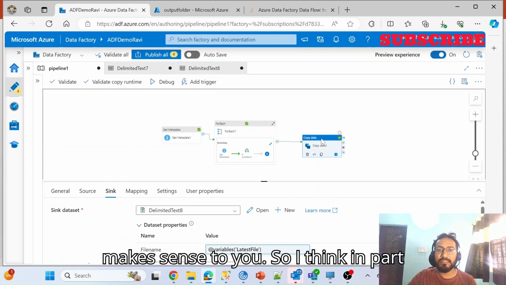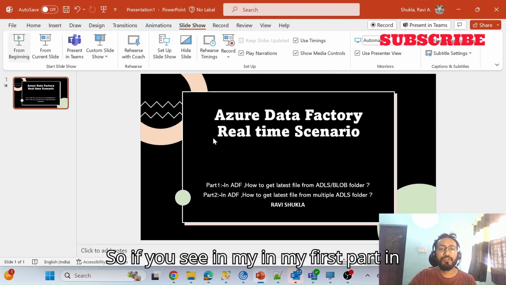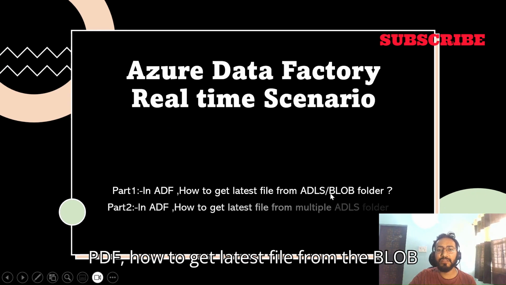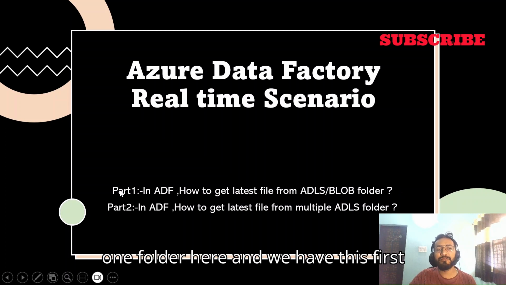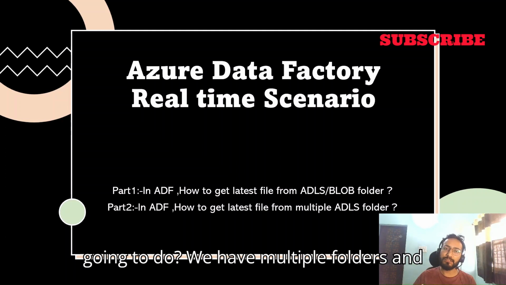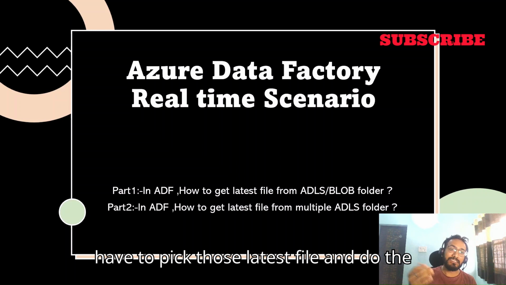So I think in part one I have covered this part. If you see in my first part, in ADF how to get the latest file from the blob storage location, I have created one folder here and we have this first part. In the second part, what we are going to do is we have multiple folders and each folder has a latest file, right? So I have to pick those latest files and do the same iterations.